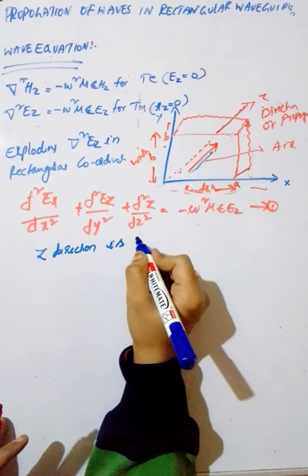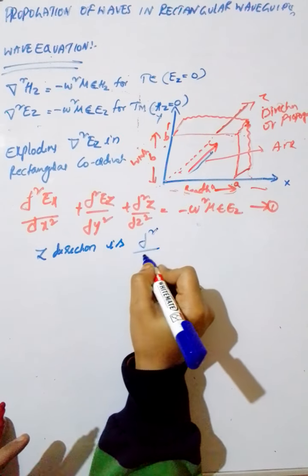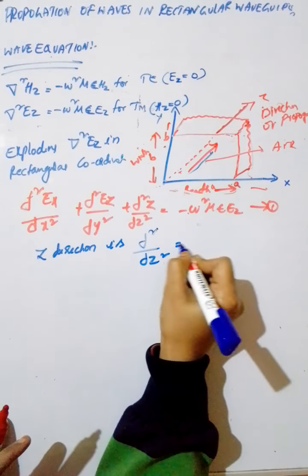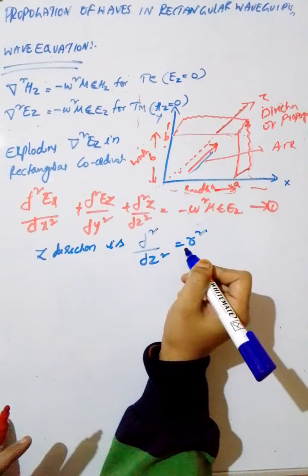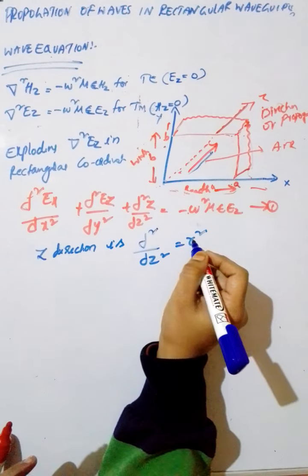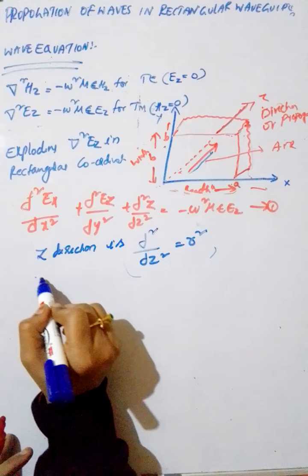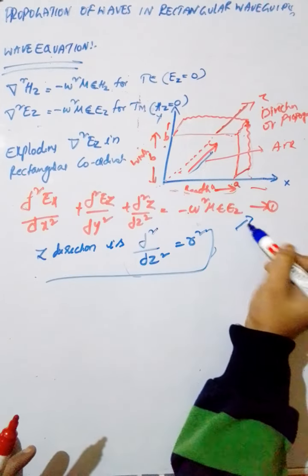In the z direction, dou square by dou z square is equal to r square, where r is nothing but a constant. Okay, we have this r square in the z direction. We have to substitute this in equation 1.